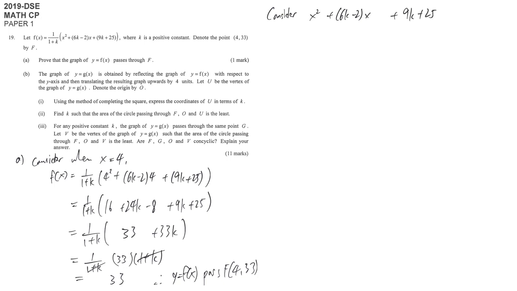Especially in complicated questions, always focus on a very small part that you want to change and then make your steps easier. So completing the square, this is 2 times something, x times something. To make it the same, what's inside should be 3k minus 1. That's why what is missing is plus (3k minus 1) squared. We have to subtract it immediately to avoid any value change.